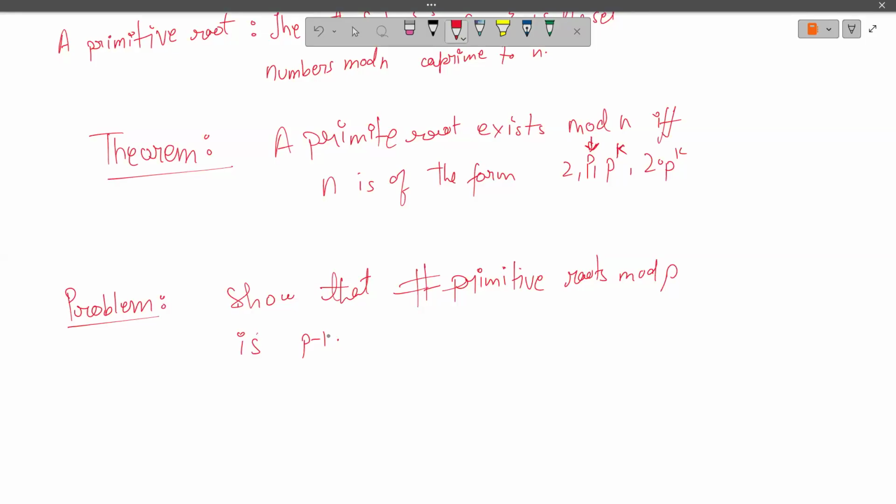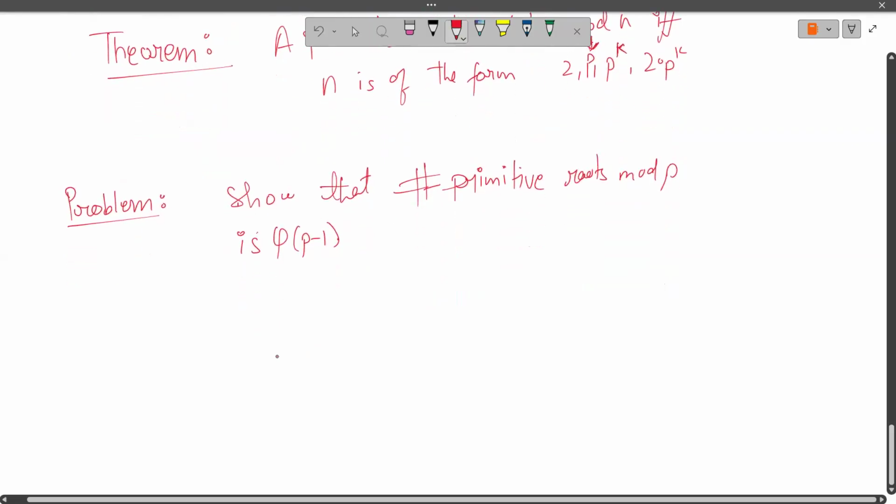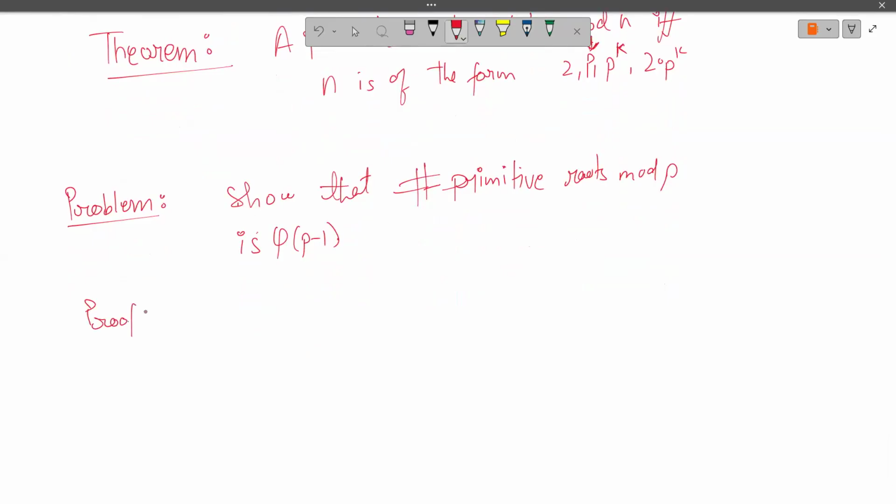Sorry, phi of P minus 1. Yes. This will be the last problem for the day. Any ideas? Any ideas that you get, feel free to say it.